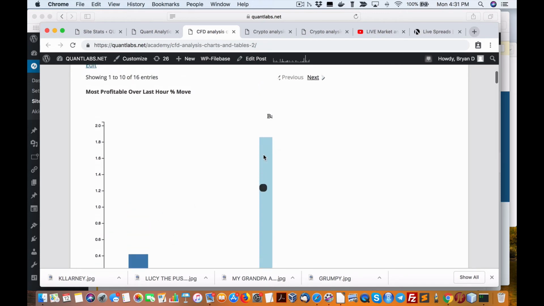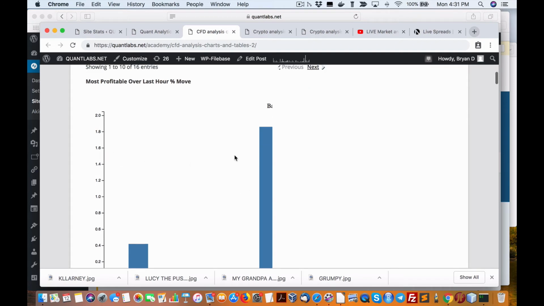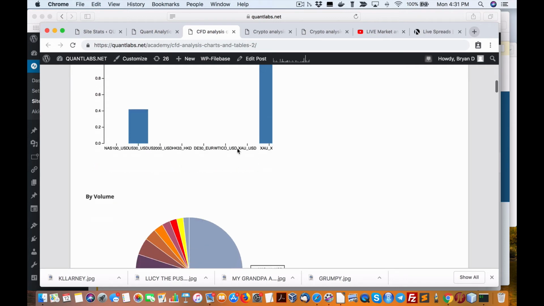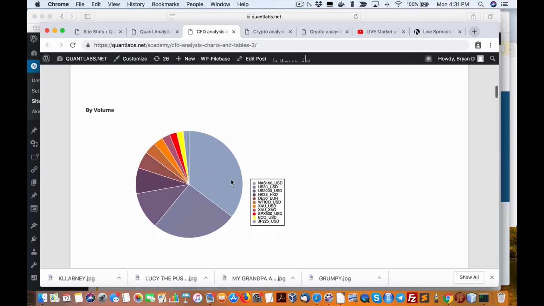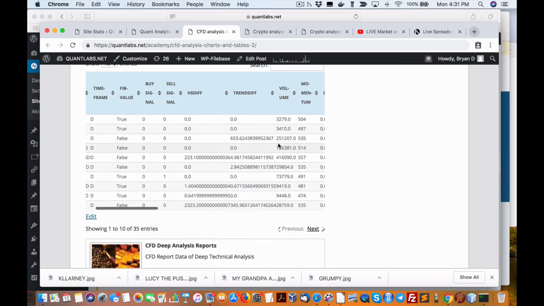But this one's moving because, as I've mentioned before, this particular pair, the XAU XAG, is the silver and gold ratio. So you can see here on the volumes, the volume doesn't look too bad for XAU XAG here in the purple. So it's in the top 4 volume, which is, I guess, considered pretty good.